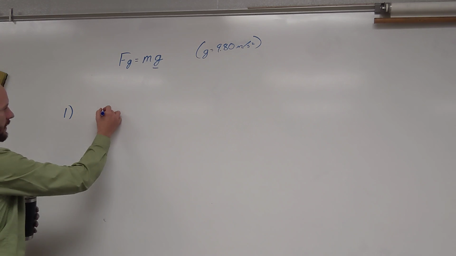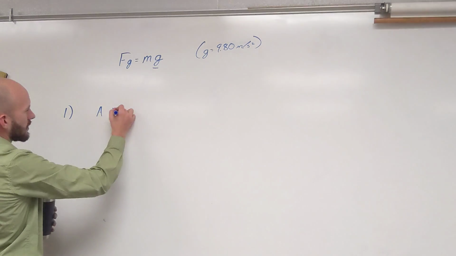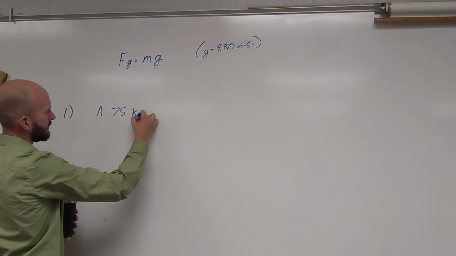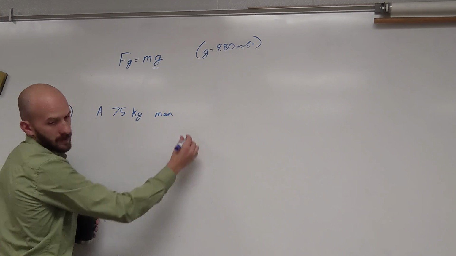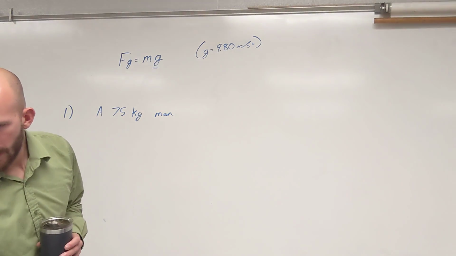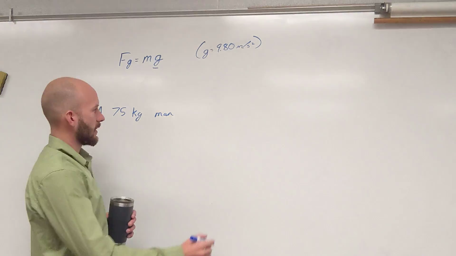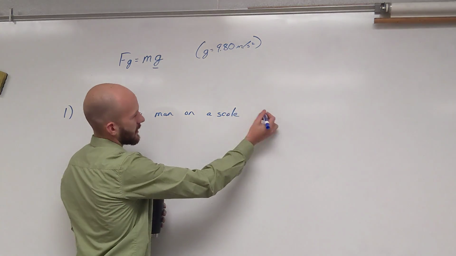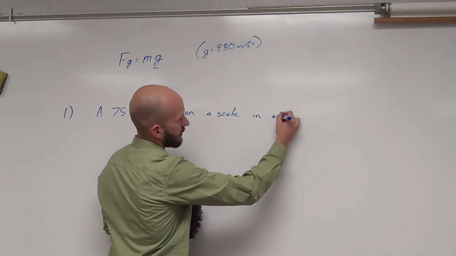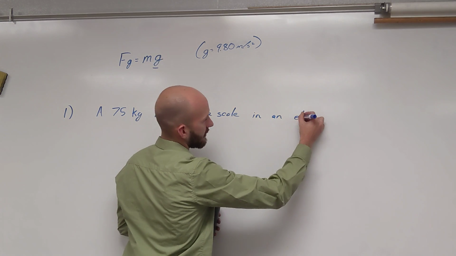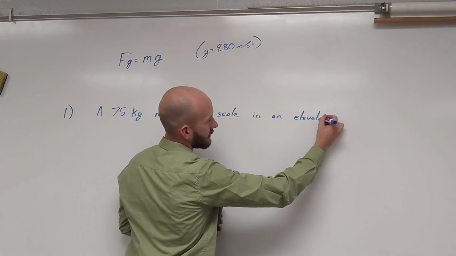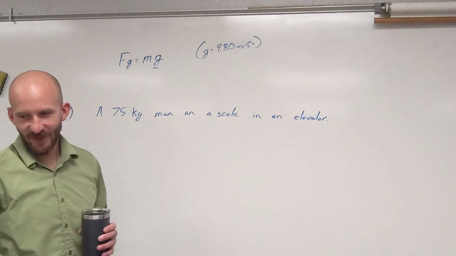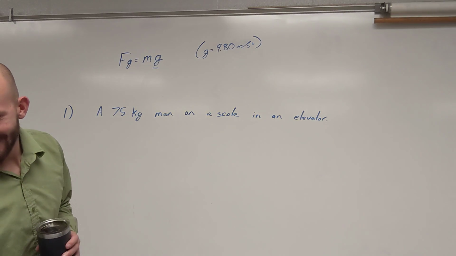Okay. So you have a 75 kilogram man standing on a scale. Now, why anybody would be standing on a scale in an elevator, I don't know. For science. For science, that's right.